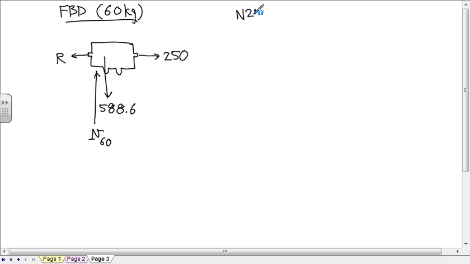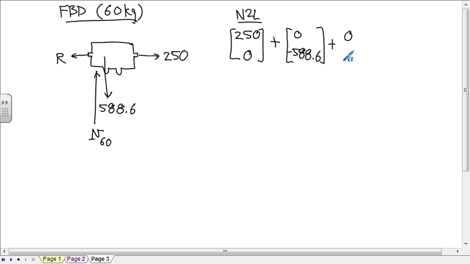And so Newton's second law says 250, 0, plus 0, negative 588.6, plus 0, N60. And now what are the components of this force?